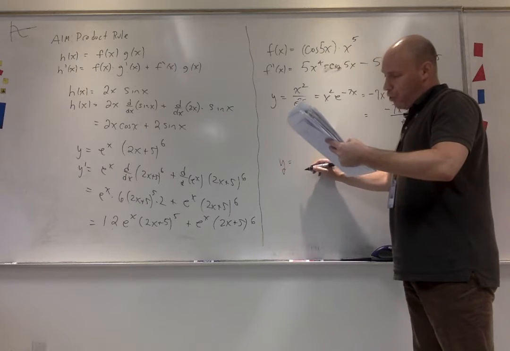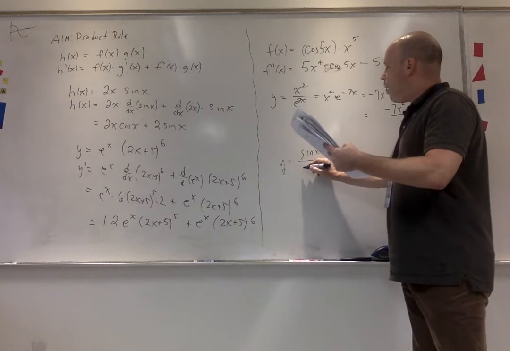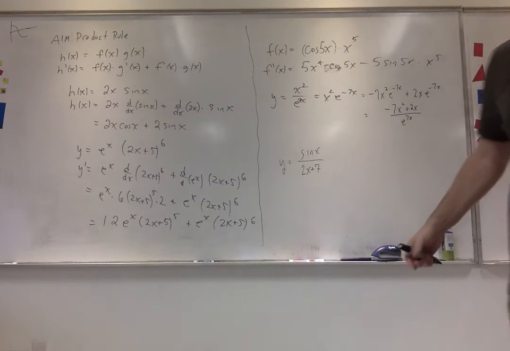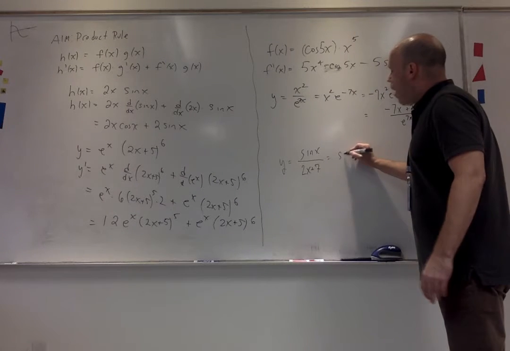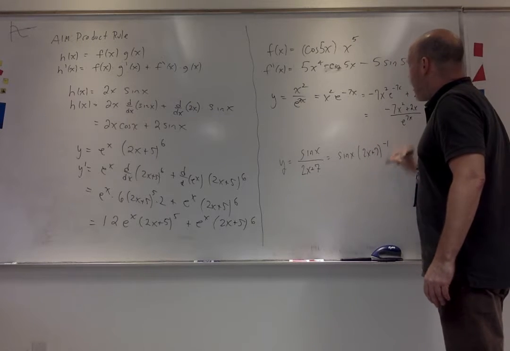Another question you might get is y equals sine of x over 2x plus 7. You look at that and you're like, I don't know how to do it with the quotient rule, but you know what? I'm going to rewrite this as sine of x times (2x plus 7) to the negative 1.